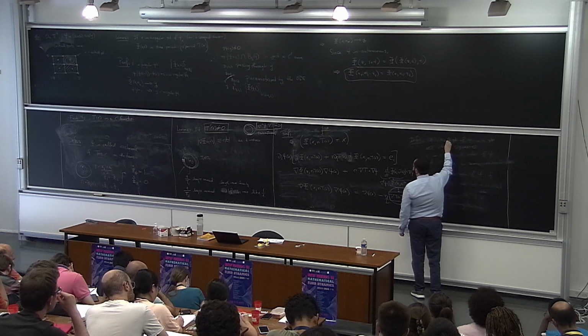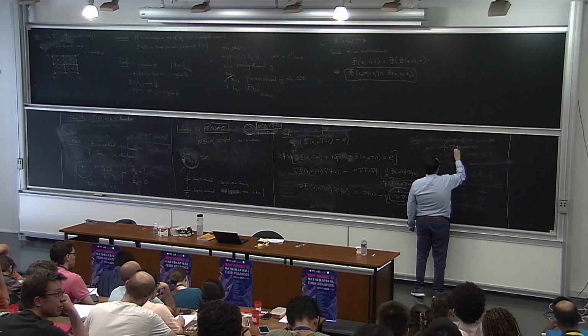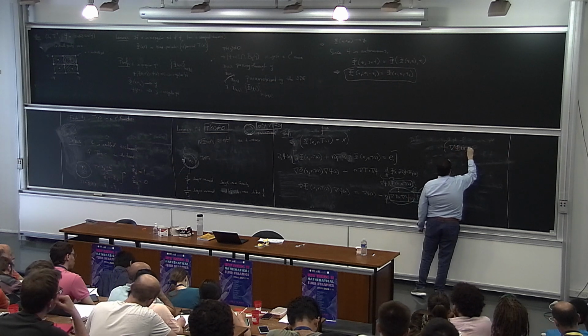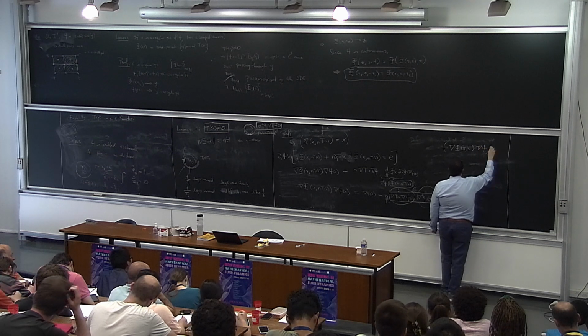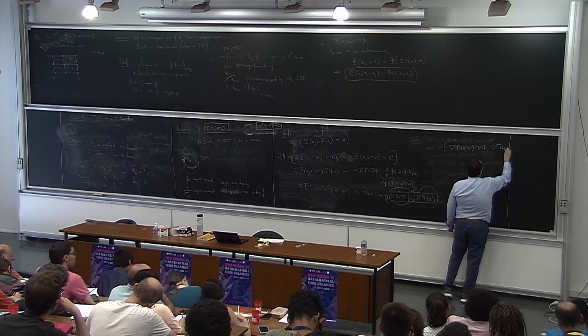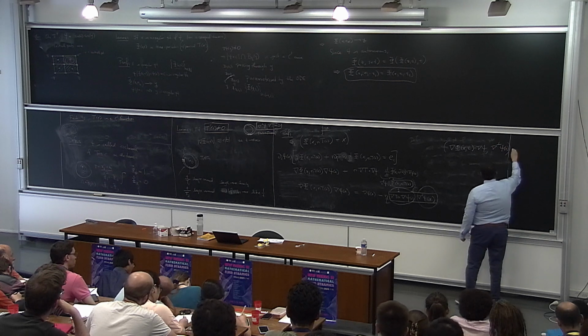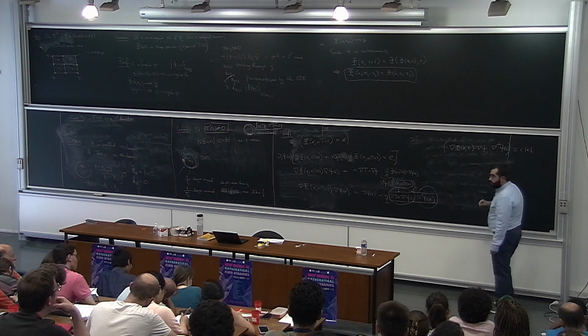So the statement is that if you take the gradient of the flow map in the direction of psi, and then look at the perpendicular direction, this will be like t as t goes to infinity.